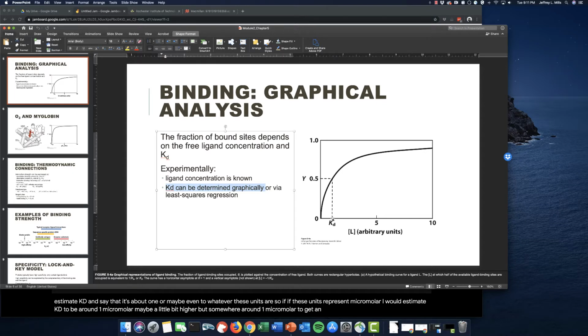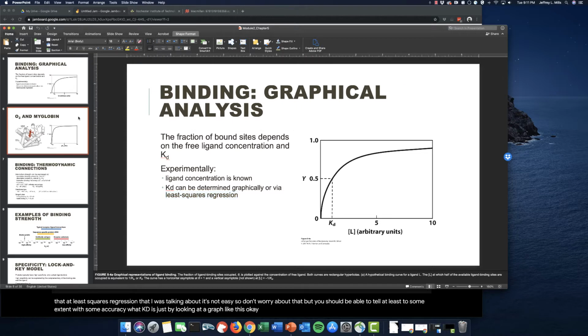To get an exact number, you would have to do that least squares regression that I was talking about. It's not easy, so don't worry about that. But you should be able to tell, at least to some extent, with some accuracy, what KD is just by looking at a graph like this.